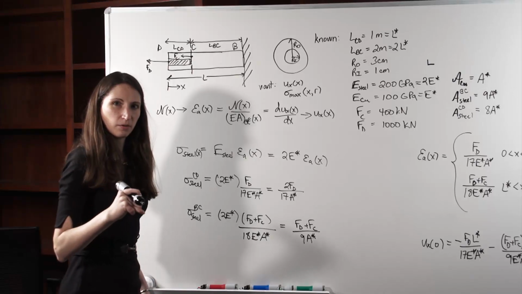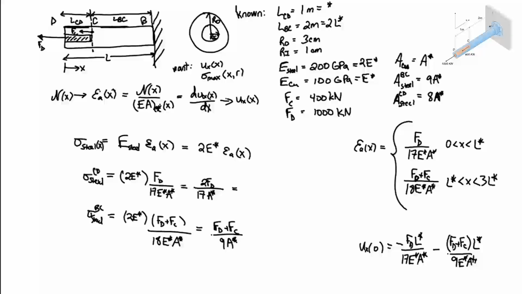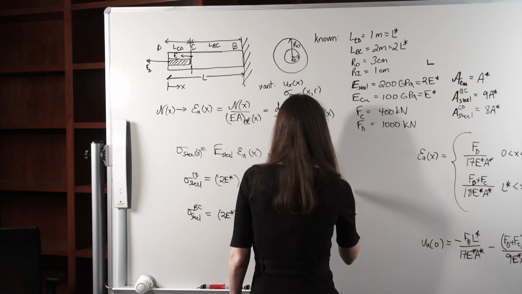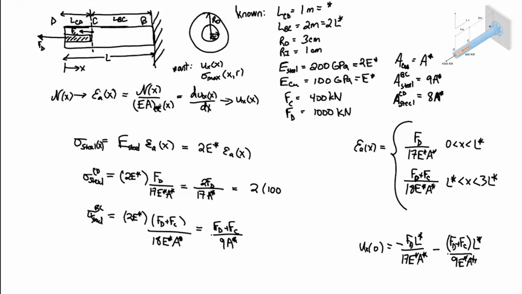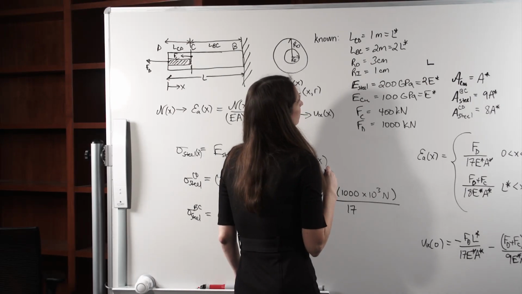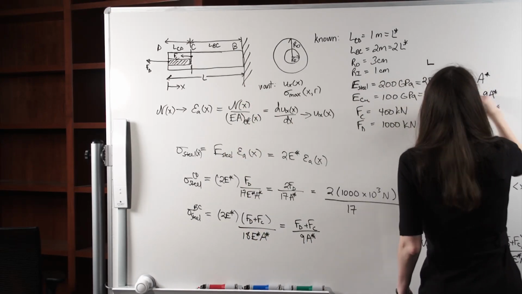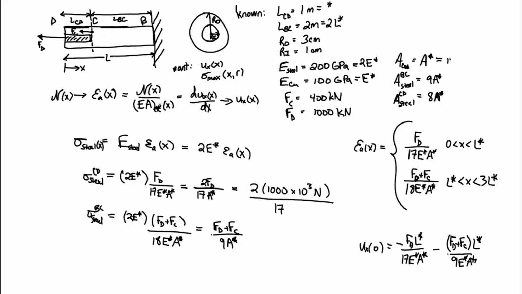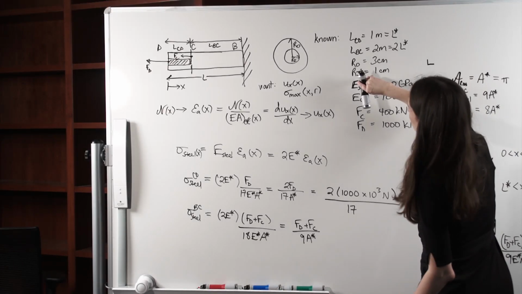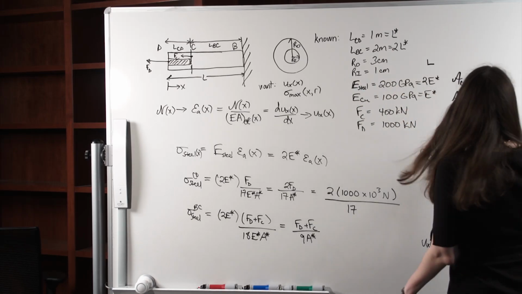Okay, so let's just plug in the numbers and compute this. So we have 2 times FD. Our FD is 1,000 kilonewtons, so 1,000 times 10 to the 3 newtons divided by 17 times A star. Oops, we never figured out what A star is. So A star is equal to A copper, which is pi times the inner radius, because that's the radius of the copper, right?